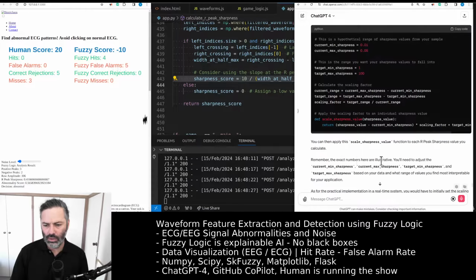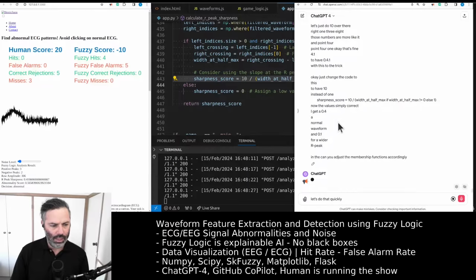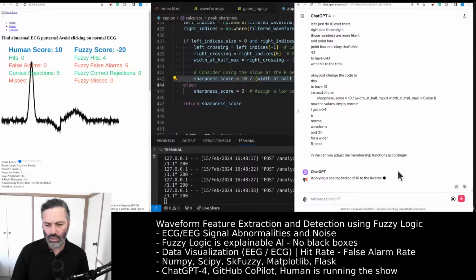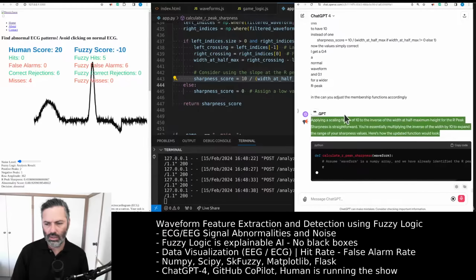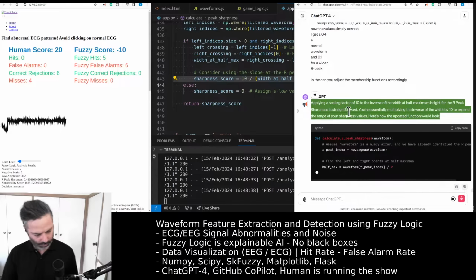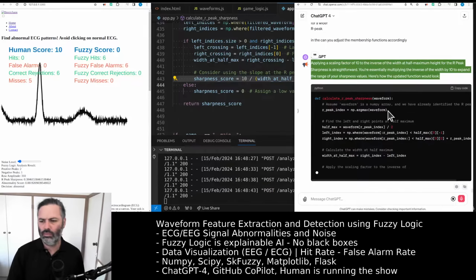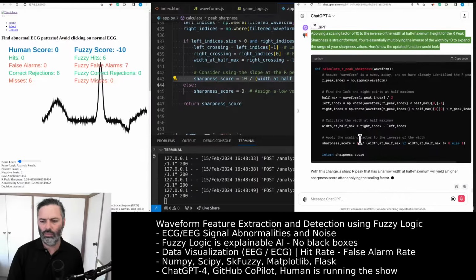Yep. Okay, let's do that quickly. Clear. Applying a scaling factor of 10 to the inverse of the width at half maximum height for the R peak sharpness is straightforward. You're essentially multiplying the inverse of the width by 10 to expand the range of your sharpness values.